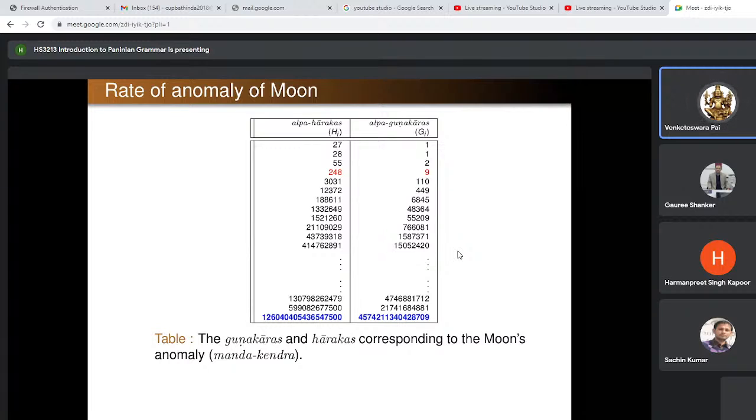They are nothing but the ratio of the number of revolutions of the moon's anomaly around the earth to the number of civil days. In other words, you can say the moon takes nine anomalistic revolutions in 248 days approximately, because these are all approximations.